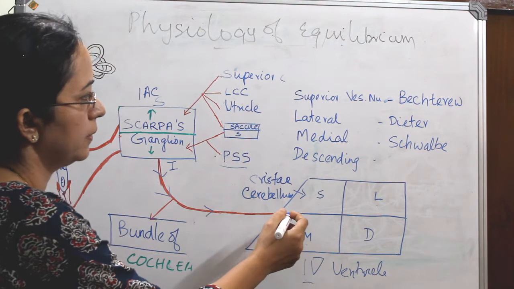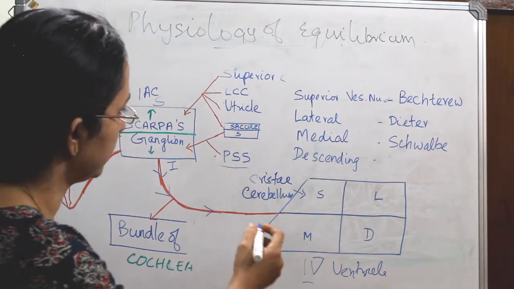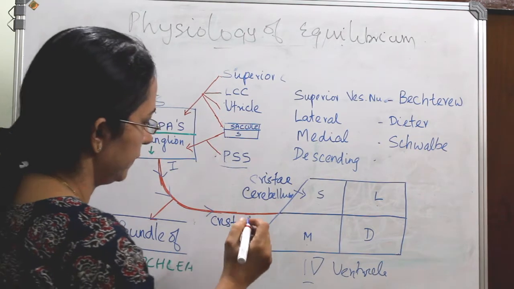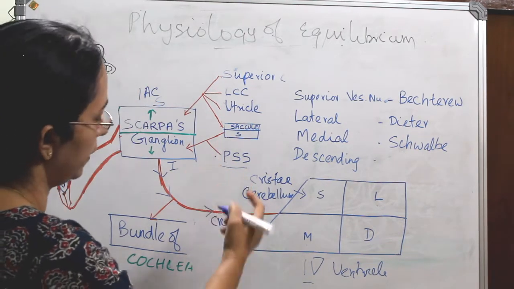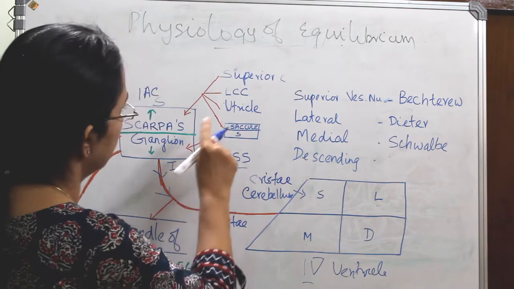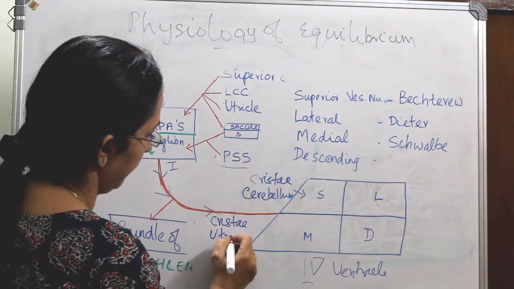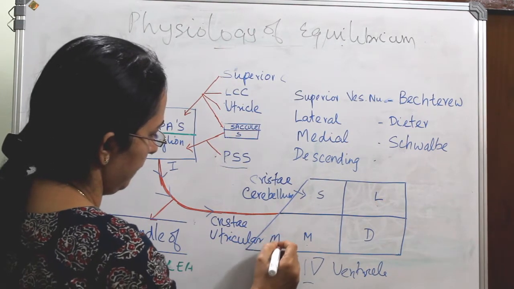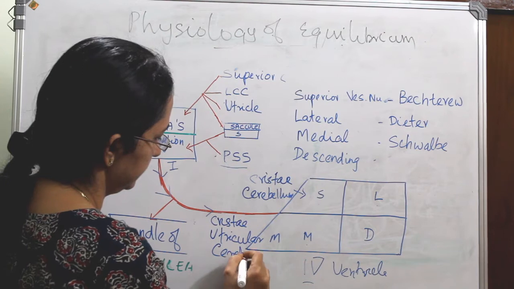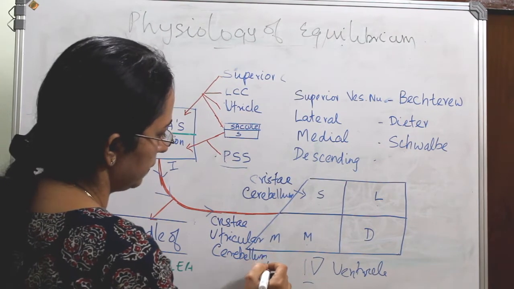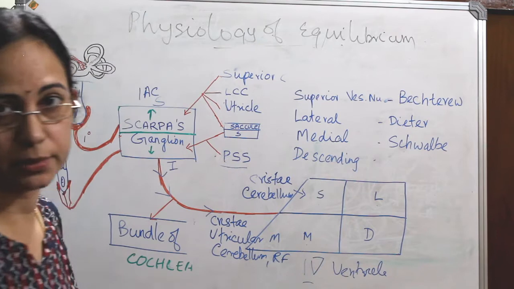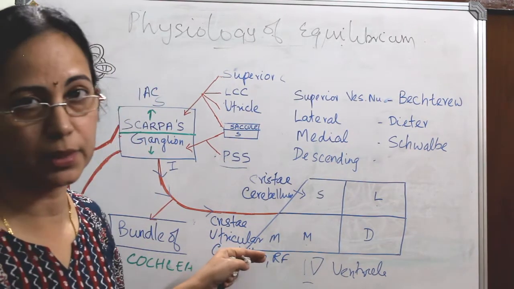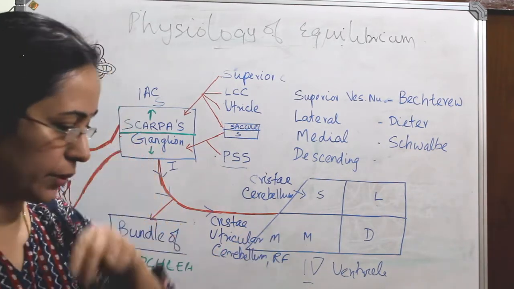And to the medial vestibular nucleus, the fibers are mainly from the crista, then the utricular macula, then the cerebellum and also from the reticular formation. Okay, so crista, utricular macula, cerebellum and reticular formation go to the medial vestibular nucleus.